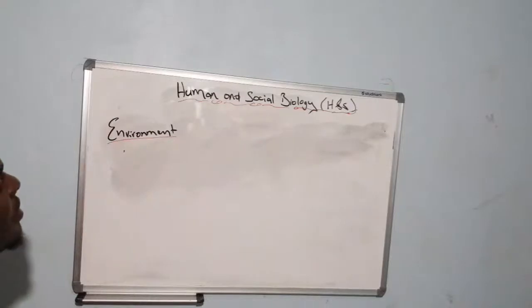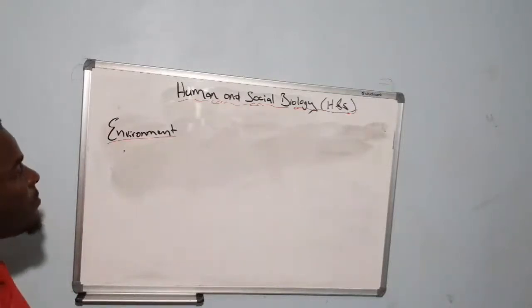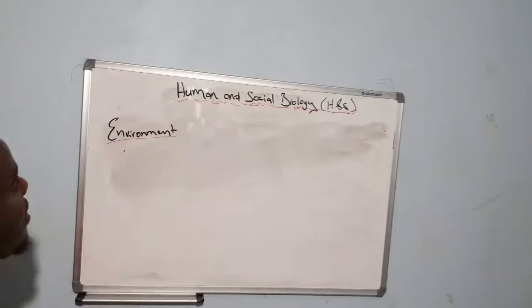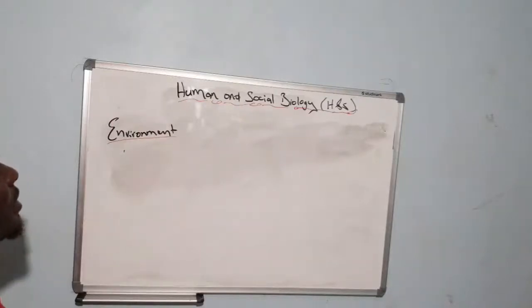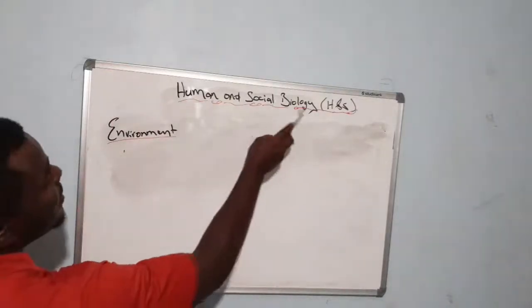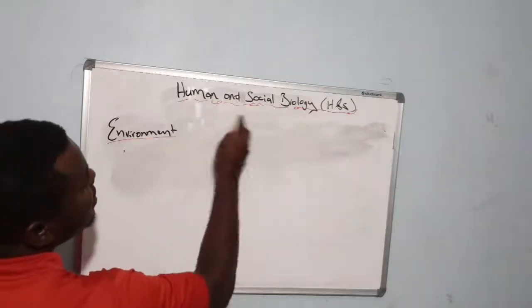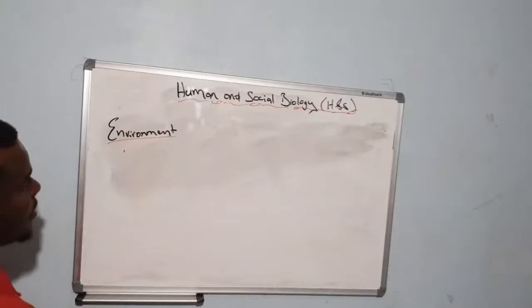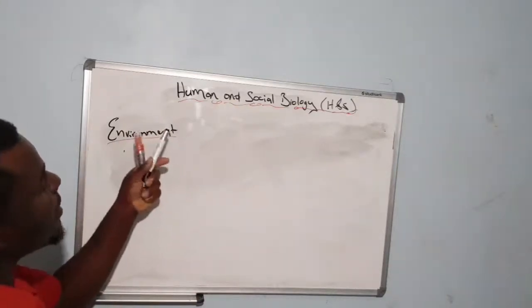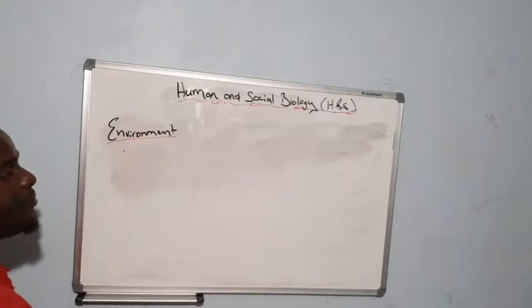The environment covers everything around you, above you, and just about everything that you can see. It encompasses, it is within the environment. So whatever you're studying with regards to this has a lot to do with the environment. And the environment has both biotic and abiotic, that's living and non-living.